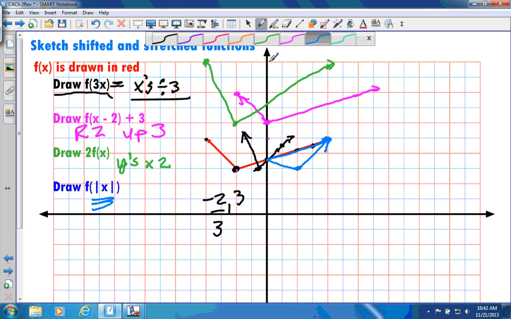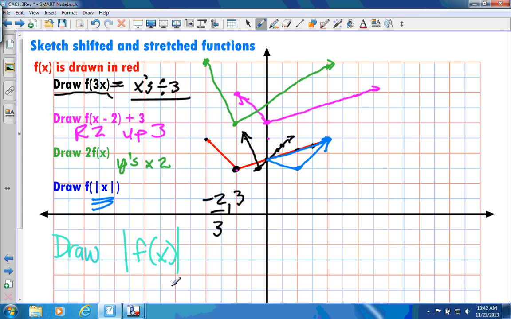Which it's not going to affect this one, but if you had a question where it went to draw absolute value of f of x, then that would affect all the y values and they would all become positive. In this case, because it is a completely positive thing, it's still going to stay the same.